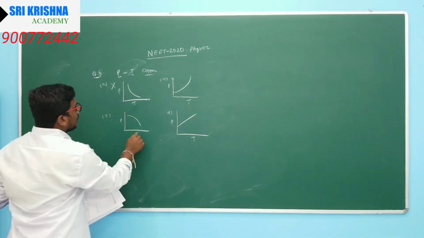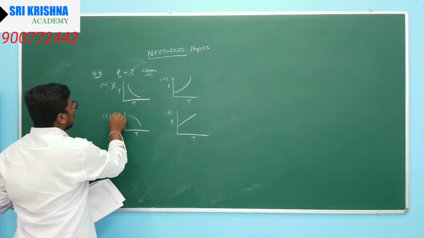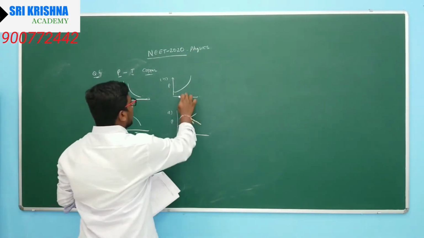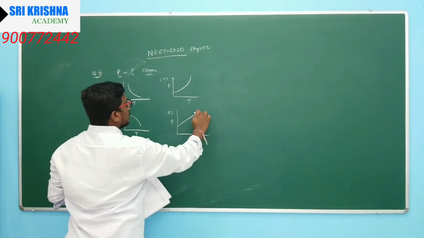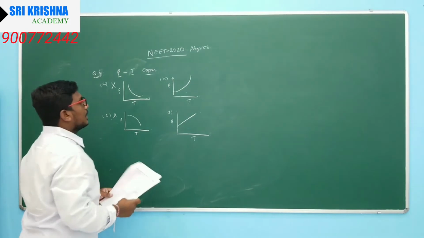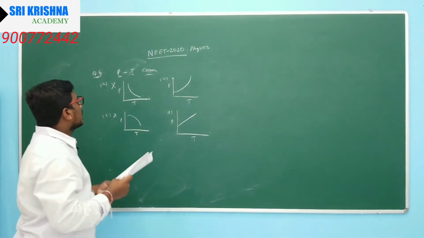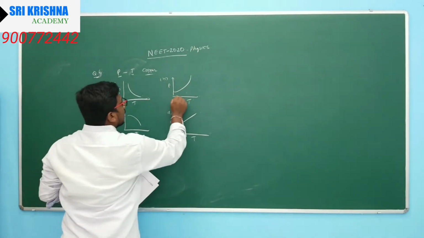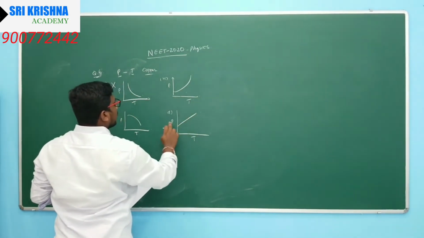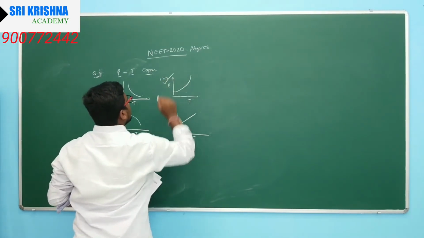Here also, when temperature increases, resistivity decreases, so this is also not an option. Between these two, temperature is increasing and resistivity is increasing in both, but how is the relation? Here it is a linear relation, here it is a non-linear relation. The correct answer is that there won't be a linear relation between resistivity and temperature, it is a non-linear relation. So the correct option is B.